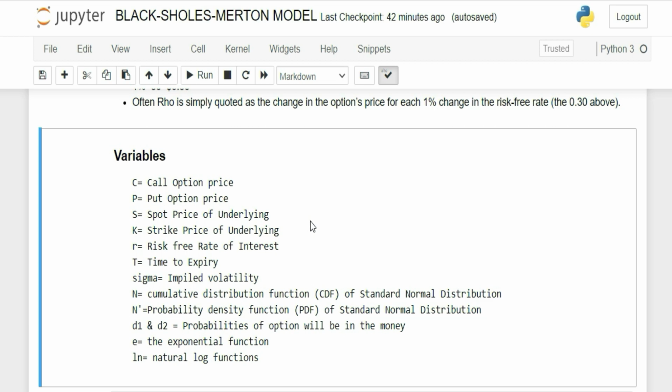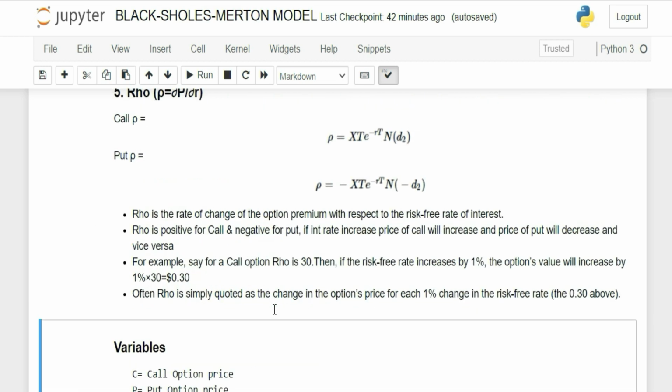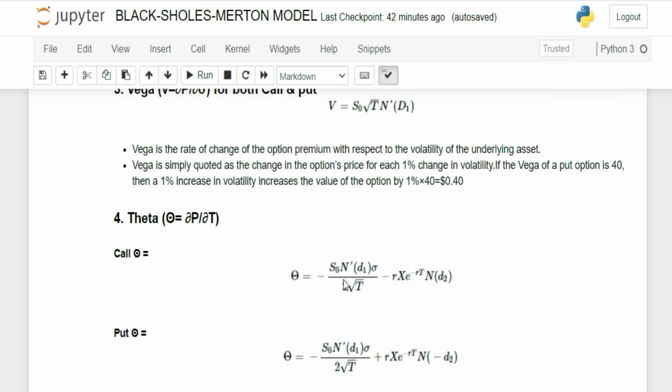D1 and D2 relate to the probabilities of the option expiring in the money, e is the exponential function, and ln is the natural log function. These are the things we are going to use in this mathematical equation.